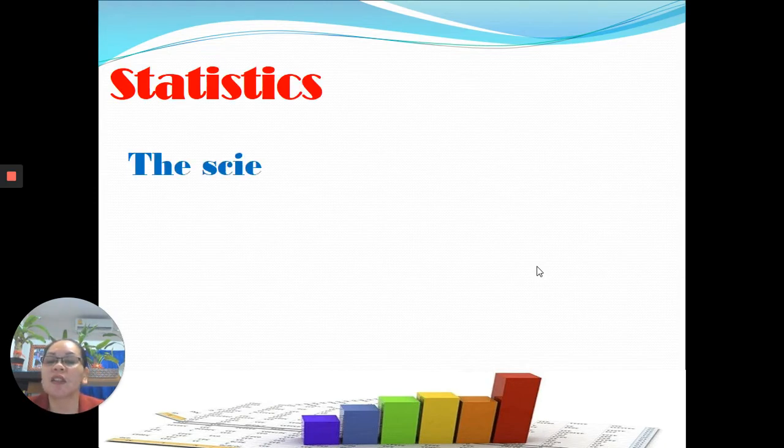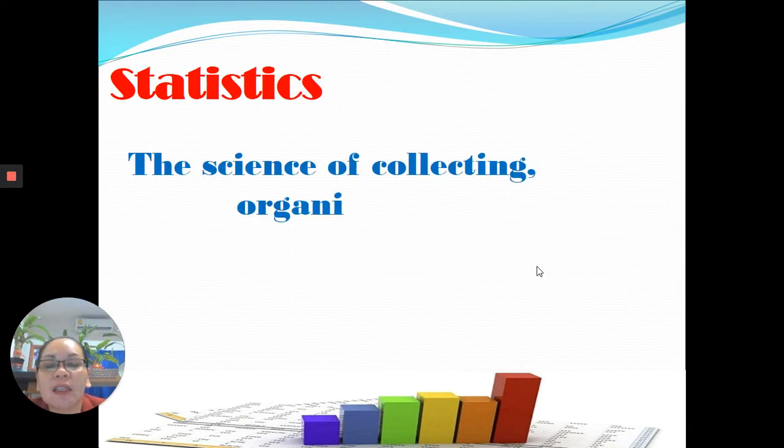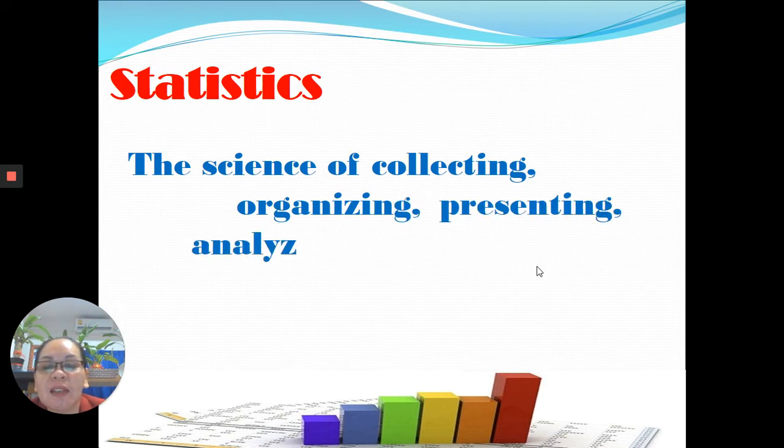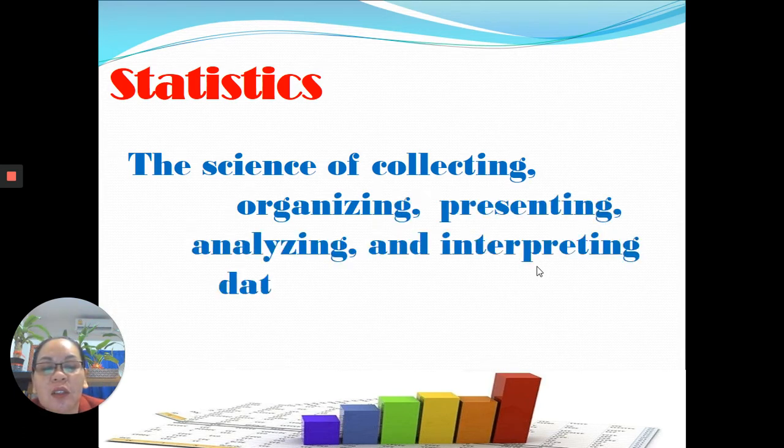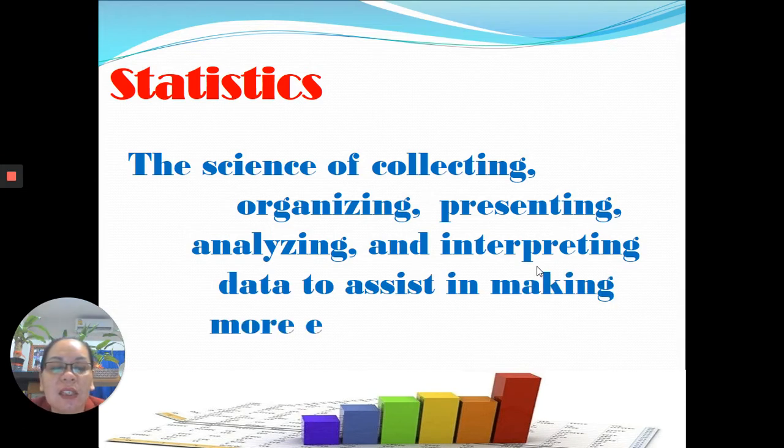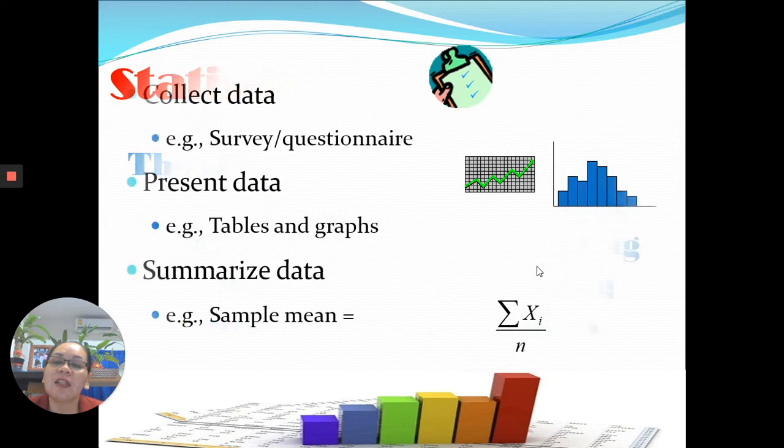Statistics is a science of collecting, organizing, presenting, analyzing, and interpreting data to assist in making more effective decisions. In statistics, we collect data using a survey or questionnaire.